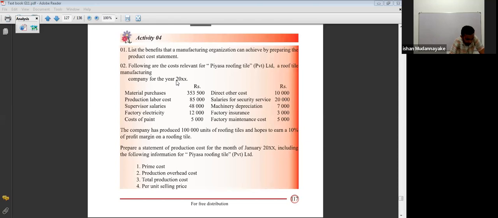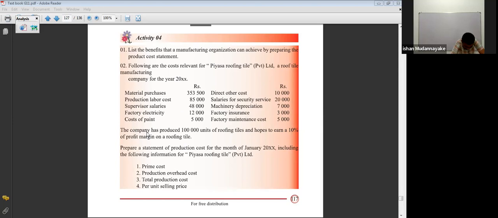Roofing tile manufacturing company for the month of January 2023. And then these are the expenses, cost information.